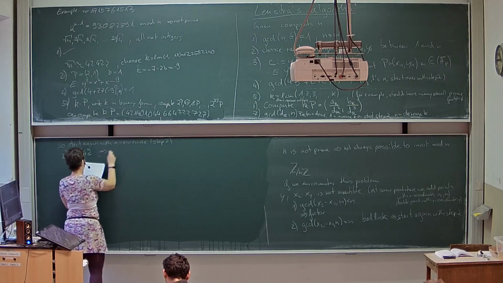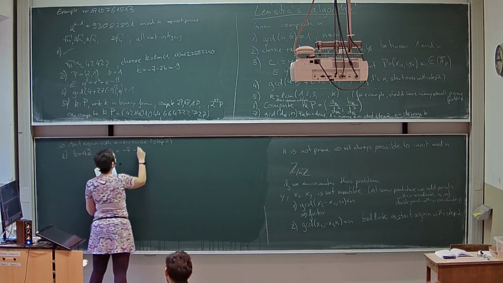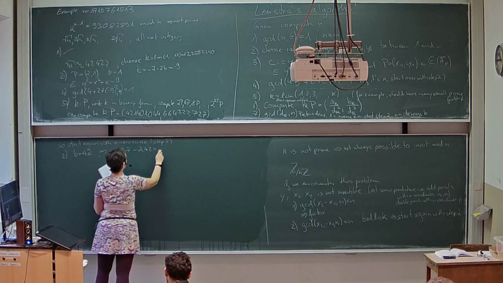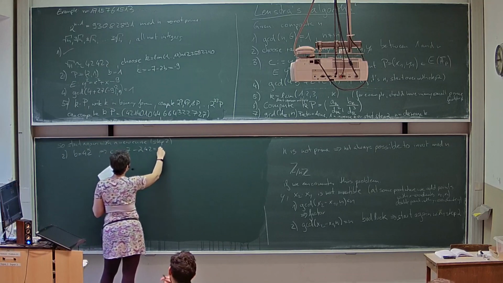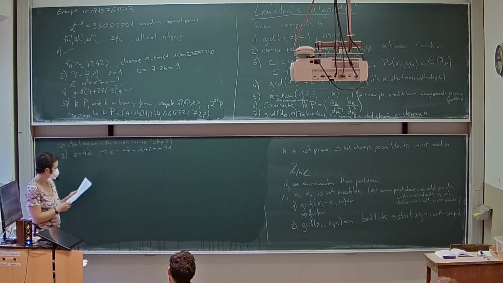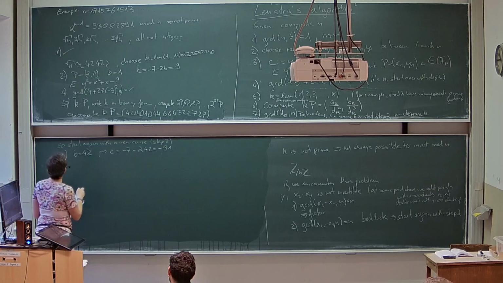Which means that c is minus 7 minus 2 times 42, and this is minus 91. And then we do the same thing again.